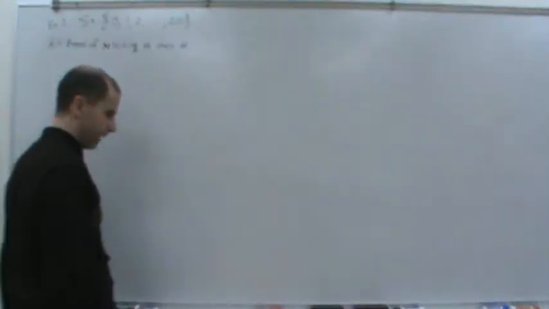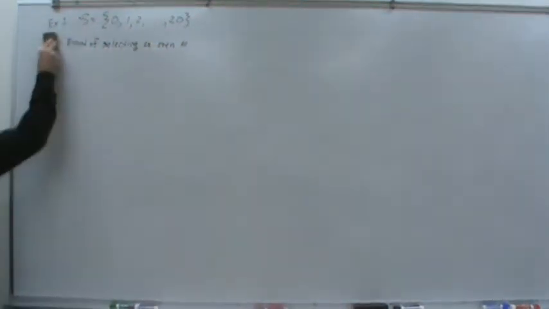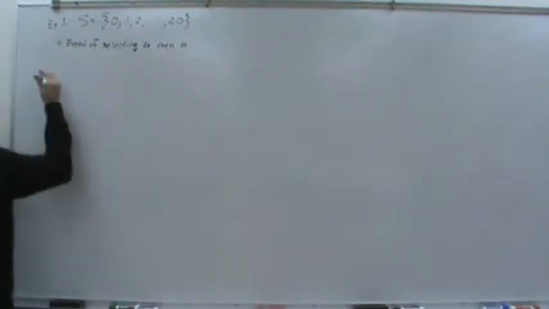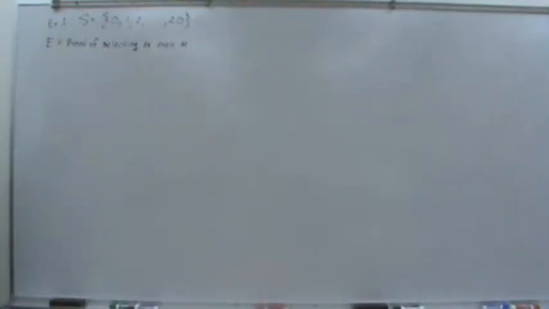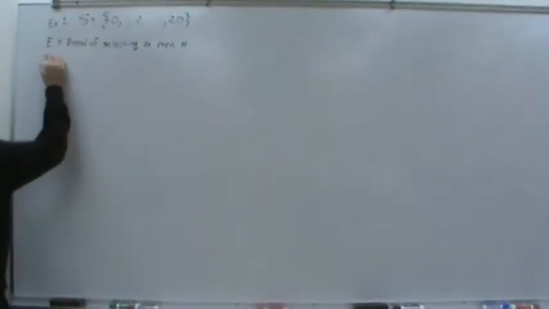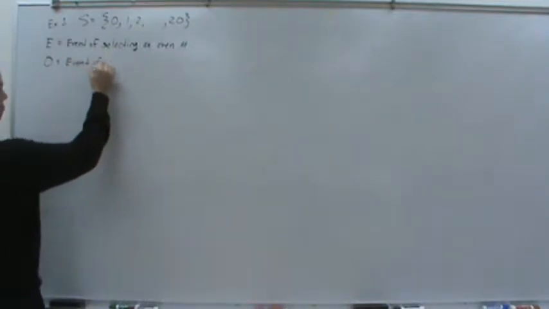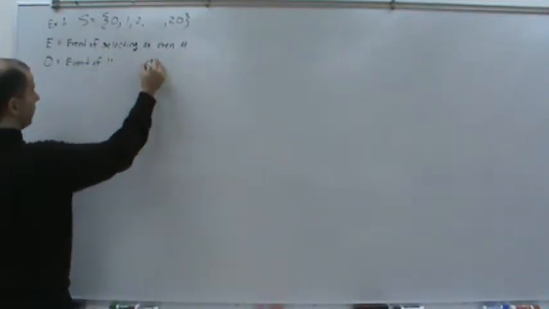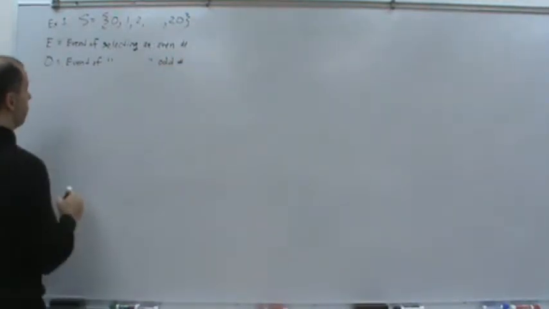Or you know what? Instead of using A and B, let's change things up. Let's just define it as E, capital E. And now let me define O as the event of selecting an odd number.